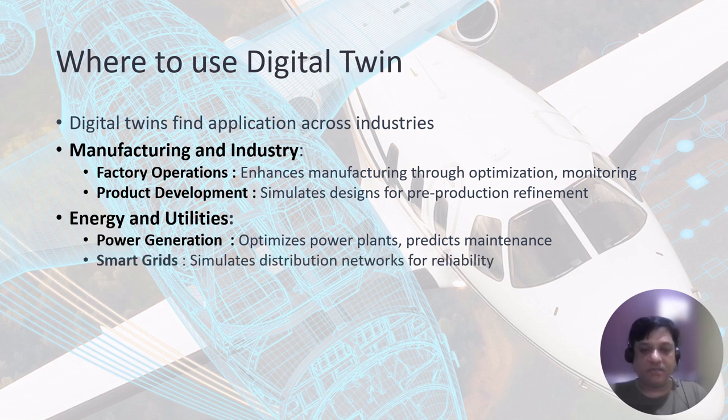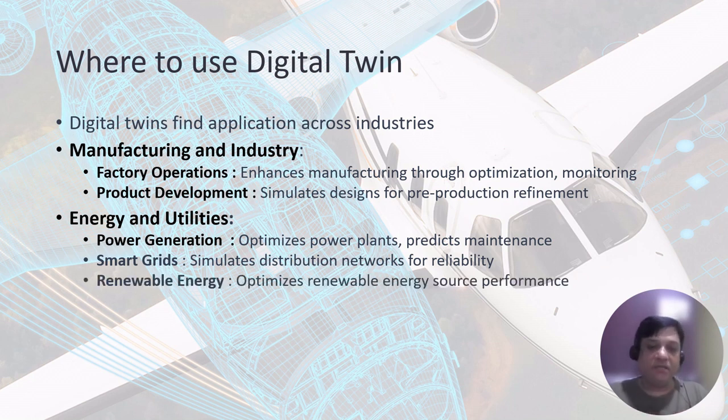Then it's smart grid, wherein it simulates the power distribution networks to ensure reliable and optimized electricity delivery. Then it's renewable energy, wherein it optimizes the performance of solar farms, wind turbines, and other renewable energy sources.